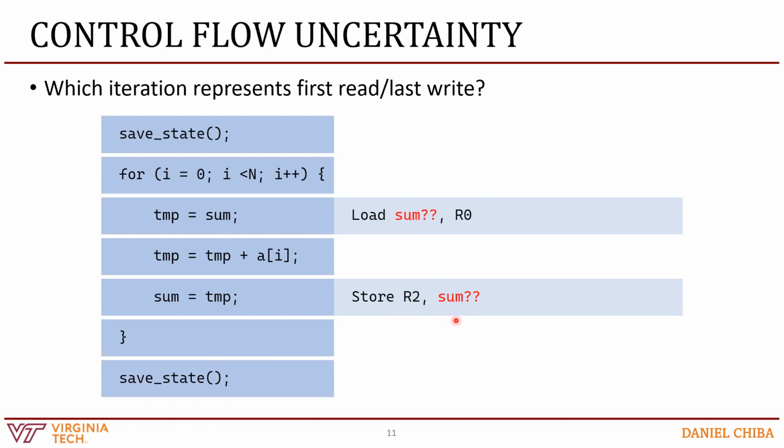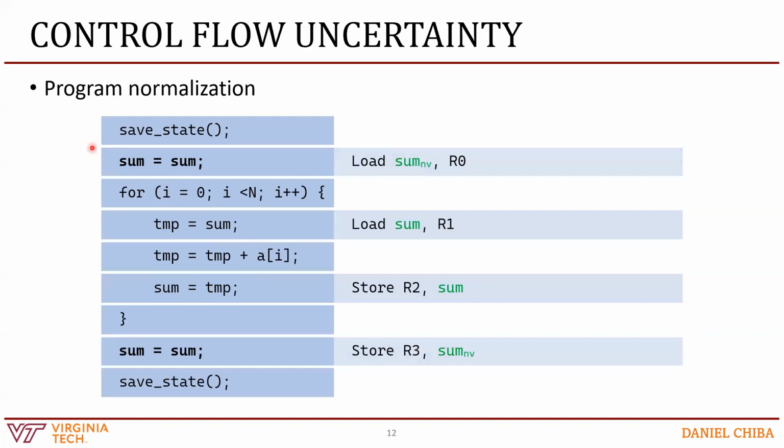Now, if we were to take a very conservative approach, we could load it from non-volatile memory and store it back to non-volatile memory on every iteration, but that's obviously going to consume a lot more energy, even compared to what we had initially without Alfred. So instead, what Alfred does is it introduces these kind of dummy accesses, right?